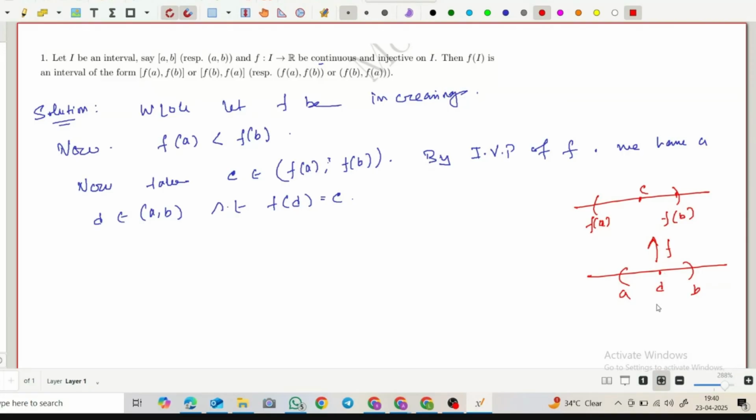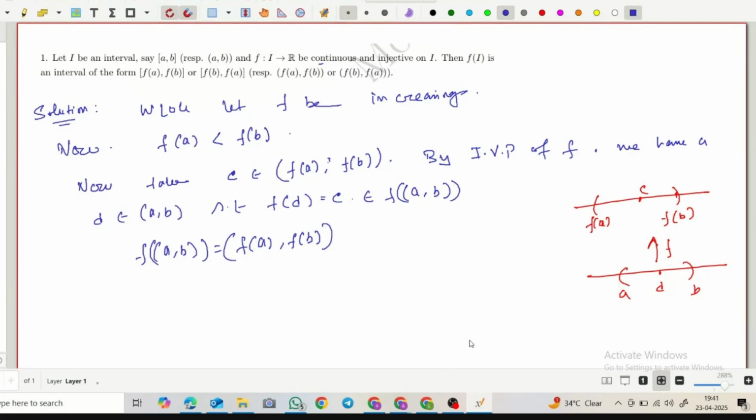And for a point c, there can be only one pre-image because f is injective. Hence, we have the first result that f of (a, b) is basically (f(a), f(b)). Because you see, if f(d) is c, then of course c belongs to f of (a, b). Okay, so this was our first problem.